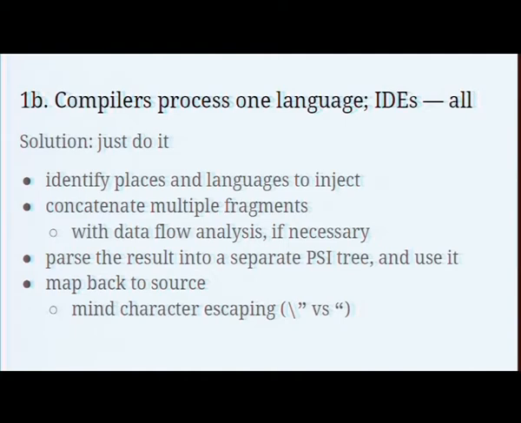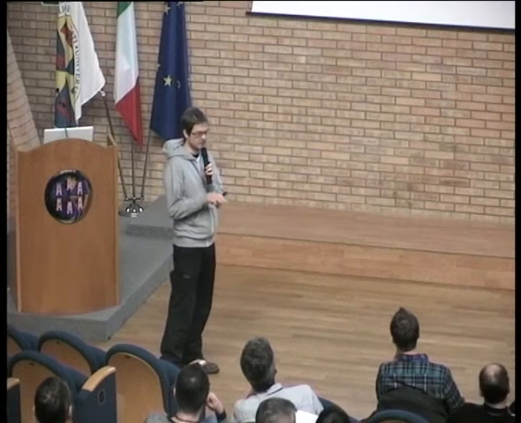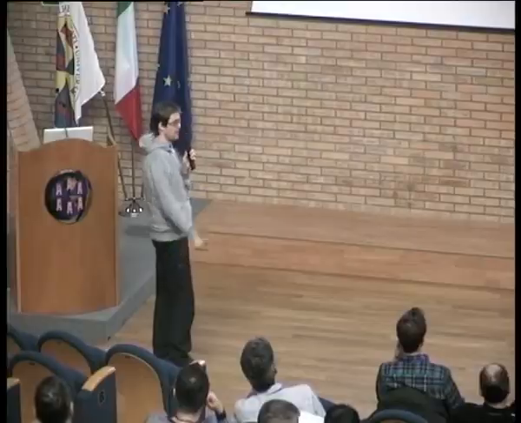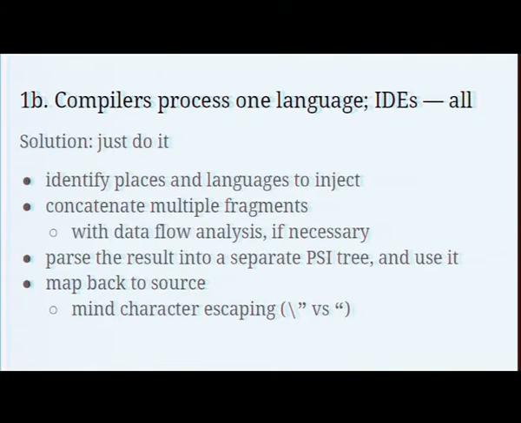Then we finally get the resulting text of this string passed into some method probably, and we create another PSI tree, so we parse it separately. And then we run the whole IDE smartness on that PSI tree. And we, of course, don't forget to map back to the source.